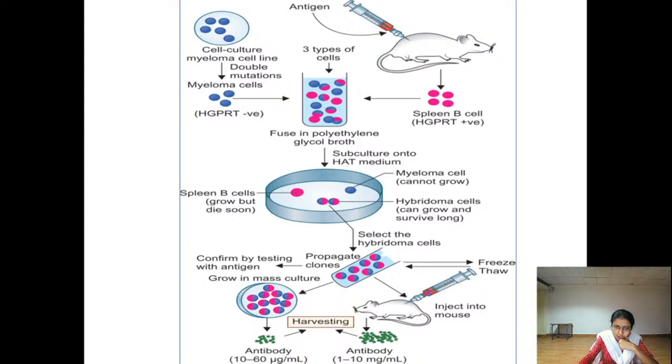Monoclonal antibodies obtained from the mouse serum may not be in pure form, meaning they might be mixed with other antibodies. How are they purified? They are purified by immunoprecipitation or by chromatographic techniques. So this is the explanation of monoclonal antibodies.